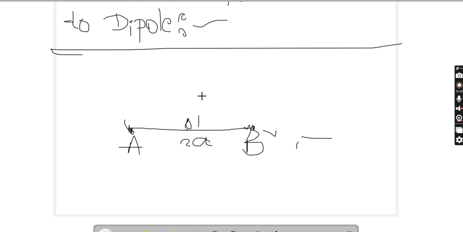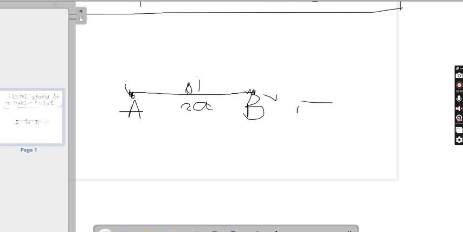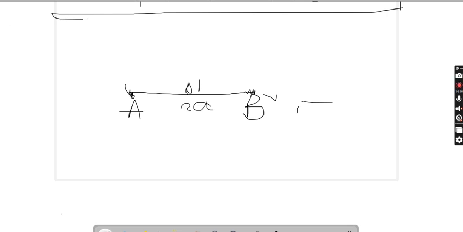If q is the charge and 2a is the length of the dipole, then the electric dipole moment is P equal to 2a into q.